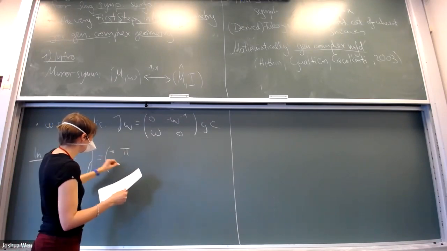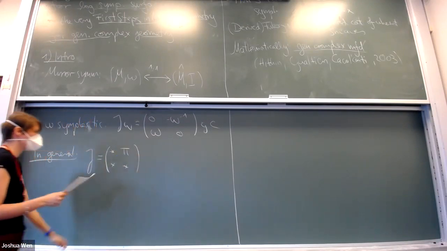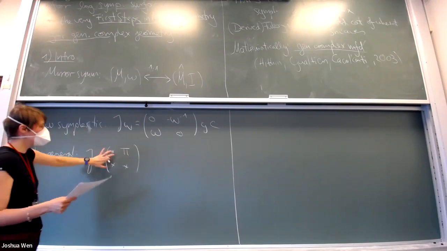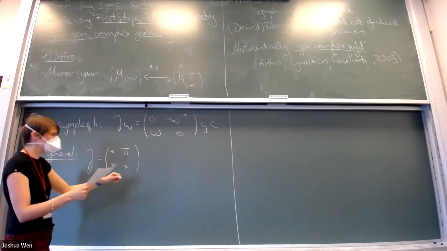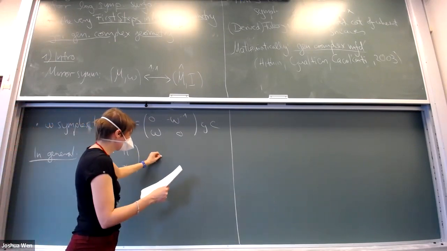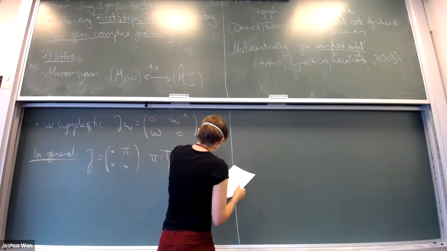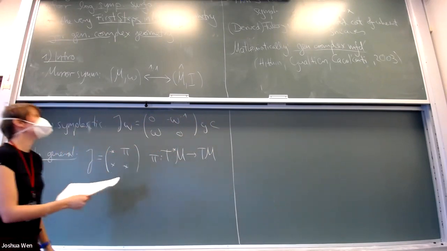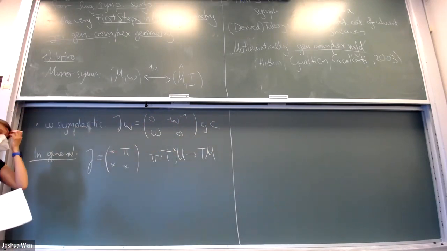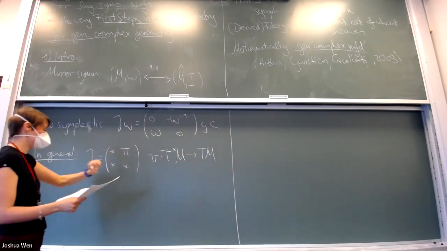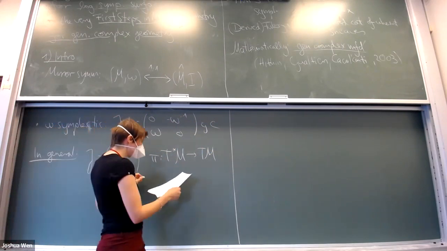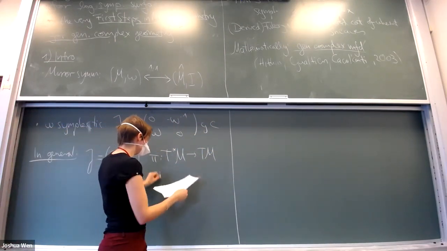So for a general structure, I won't really know what these three components are, but I always have this component that goes from T star M to TM, and the conditions that I gave for the definition of a generalized complex structure imply that this is Poisson.